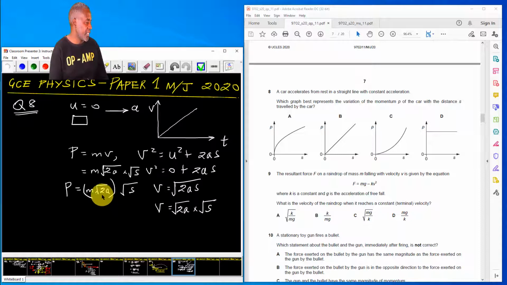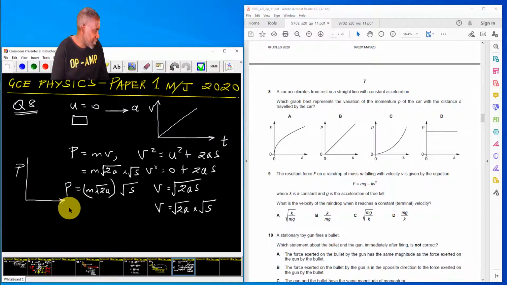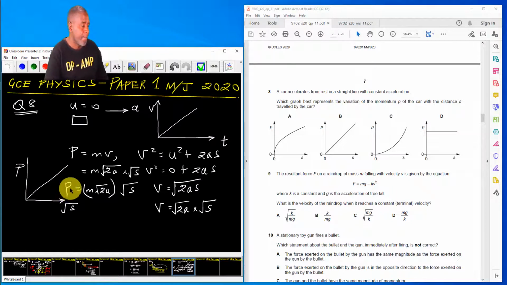And you can see that if I plot a graph of P, momentum, against the square root of the displacement, I will get a straight line through the origin. It will be a straight line. So don't be cheated by this, because this S here is not a square root. It's out. But this is a square root.